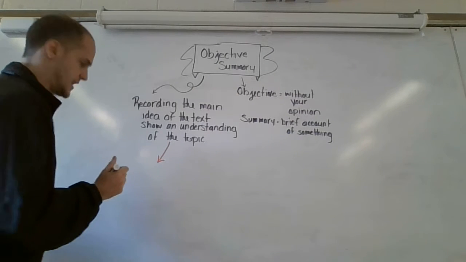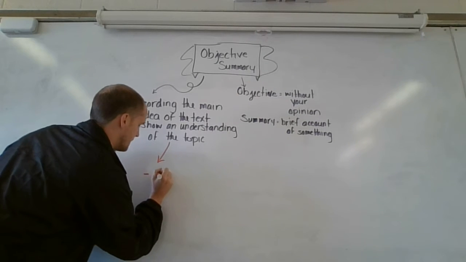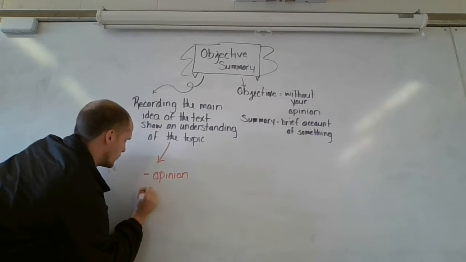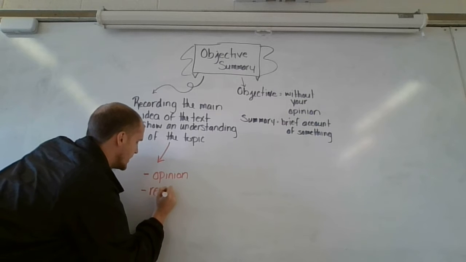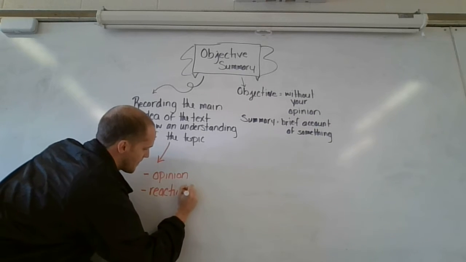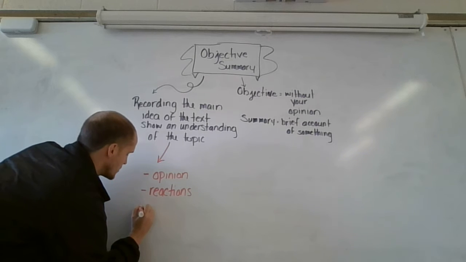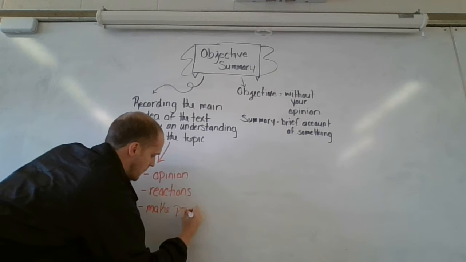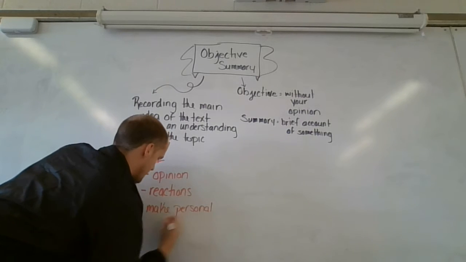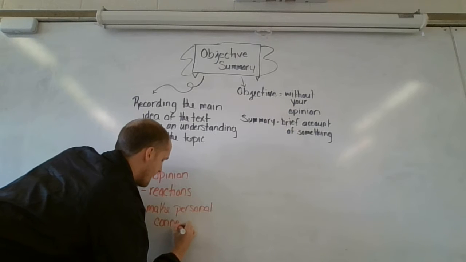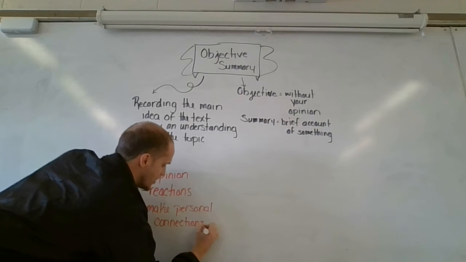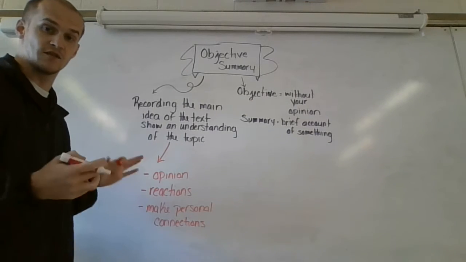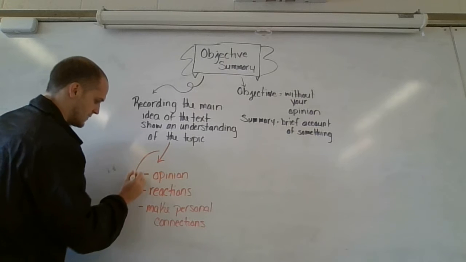So what happens with your opinion or your reactions? What you think after reading the text? Or what if you can make personal connections? So if you have an opinion or you have a reaction or you can make personal connections to the text, if I'm asking for an objective summary, do not do that.